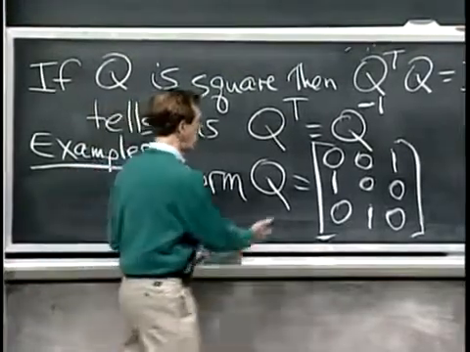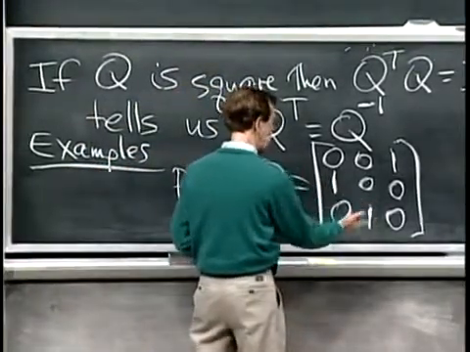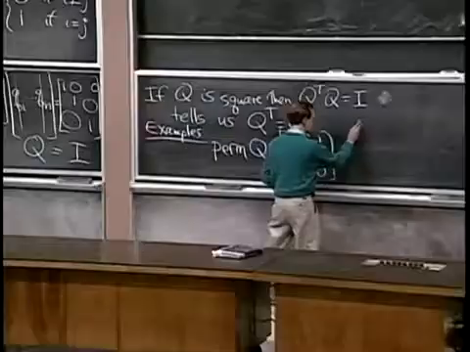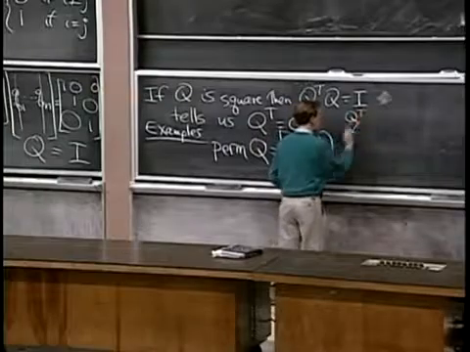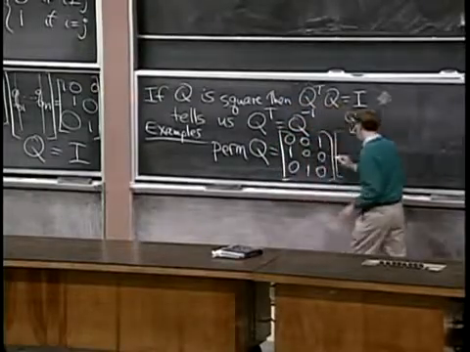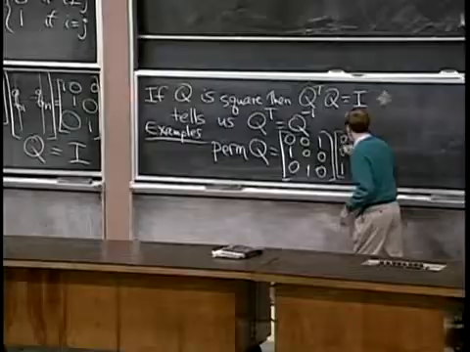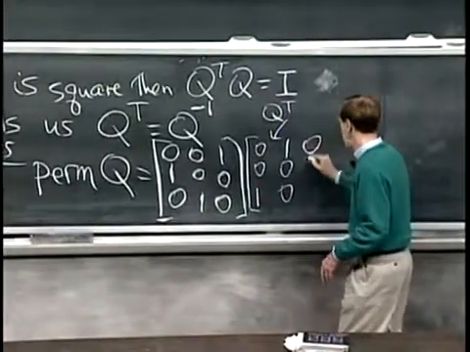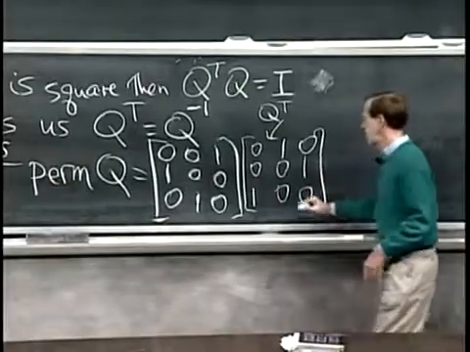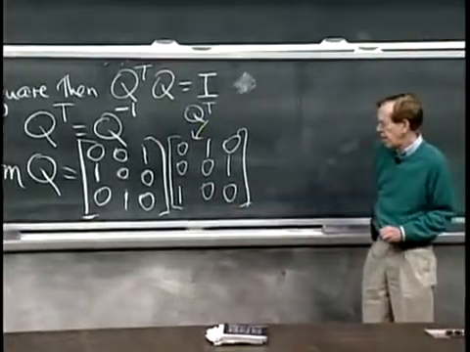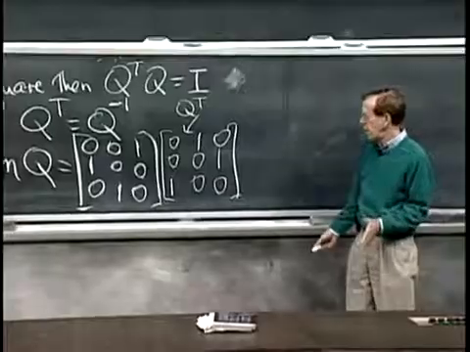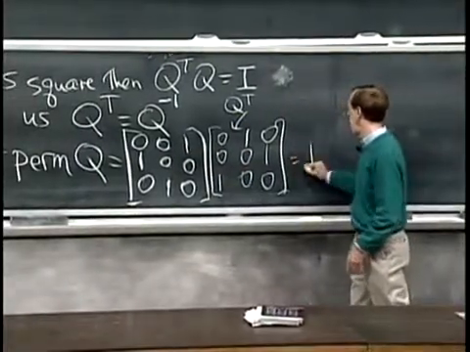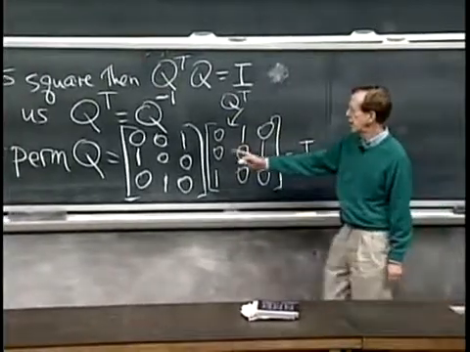And if I multiplied by Q transpose, shall I do that? Let me stick in Q transpose here, just to do that multiplication once more. Transpose will make that into a column, make that into a column, make that into a column, and the transpose is also another Q, another orthonormal matrix, and when I multiply that product, I get I. Okay, so there's an example.